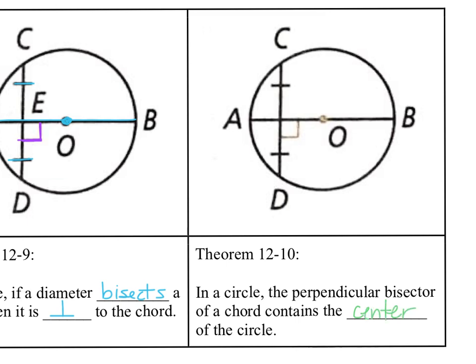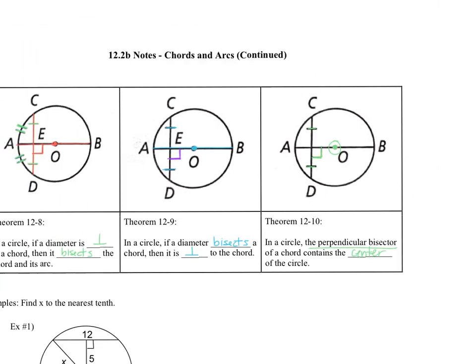So basically what this is saying is if it is perpendicular and cutting the chord in half, then even though they don't give us that point, we know that the center of the circle has to go through there, okay? So you have a center, you have a perpendicular, and you have bisecting going on. If you know any two are true, you know the third one is true also, okay?